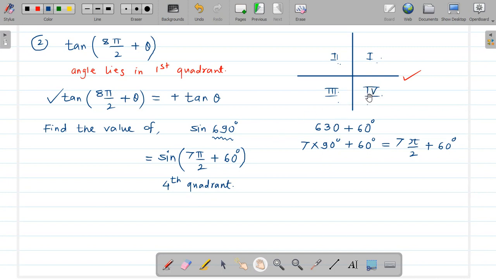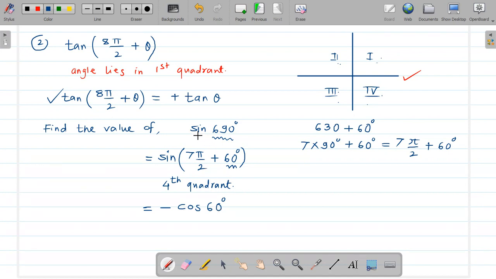So it will lie in the fourth quadrant. Now in the fourth quadrant, all of you know that the sine ratio is negative. So give the minus sign. Now see the multiple of pi by 2. The multiple of pi by 2 is 7, which is odd. So sine changes to cos. Cos theta. What is theta? Theta is 60 degree here. So it is equal to minus cos 60 degree.